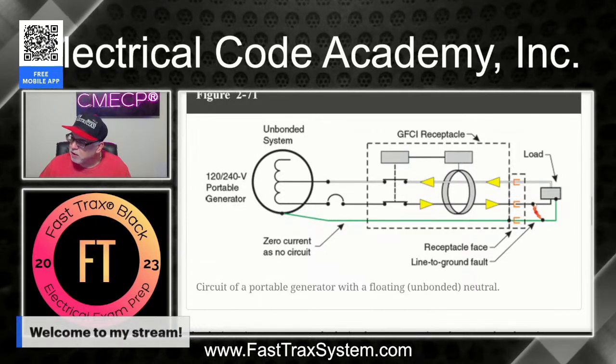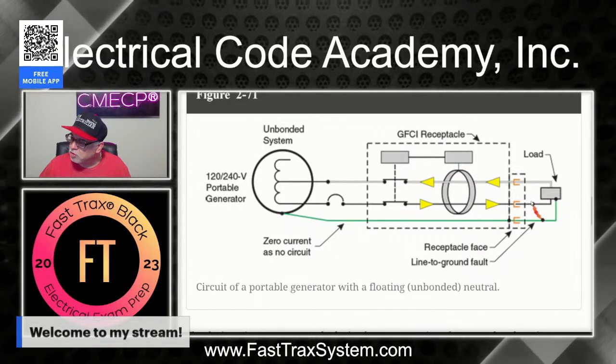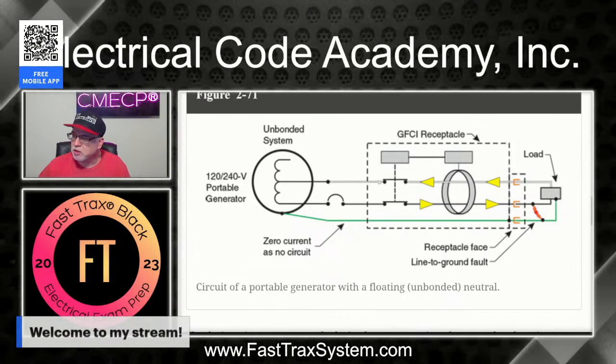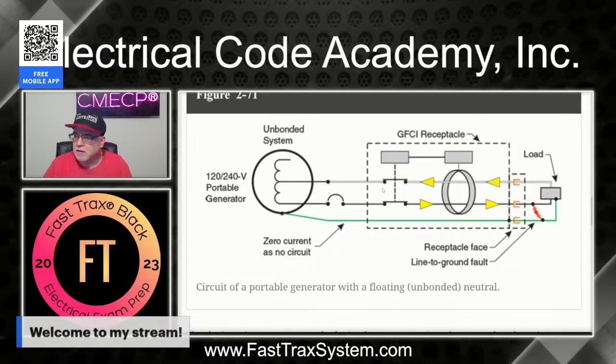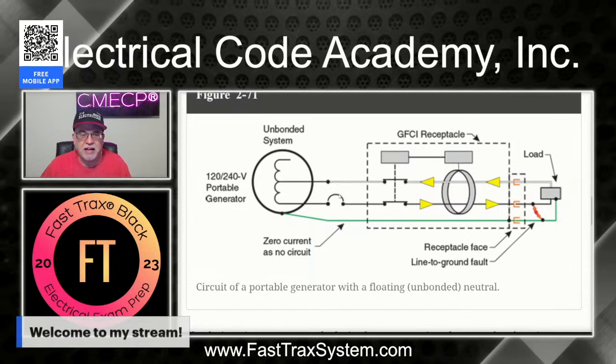Current is going to pass through here and stop right here on the frame. You're still going to have your load passing through the load. The GFCI is not going to function. The overcurrent device here is not going to function. In fact, this frame could sit energized. That's a problem.